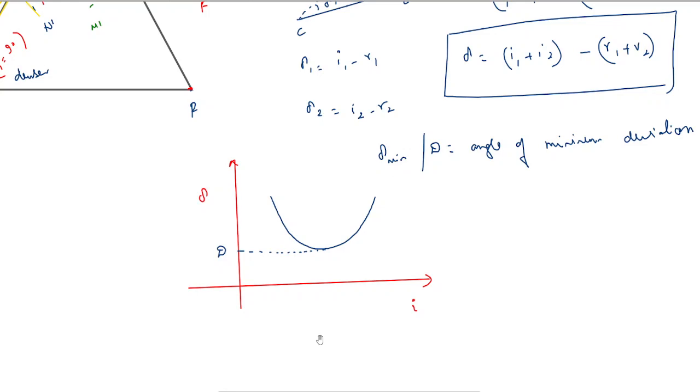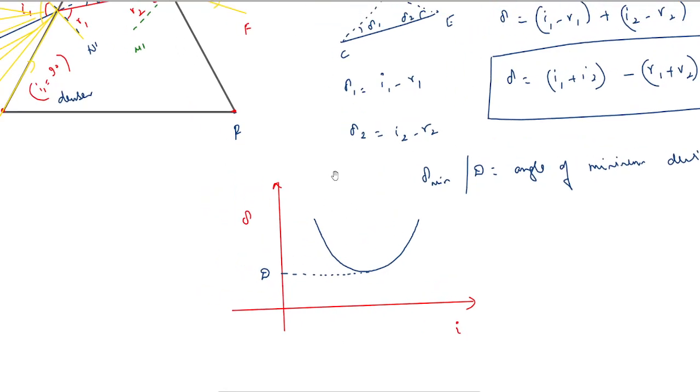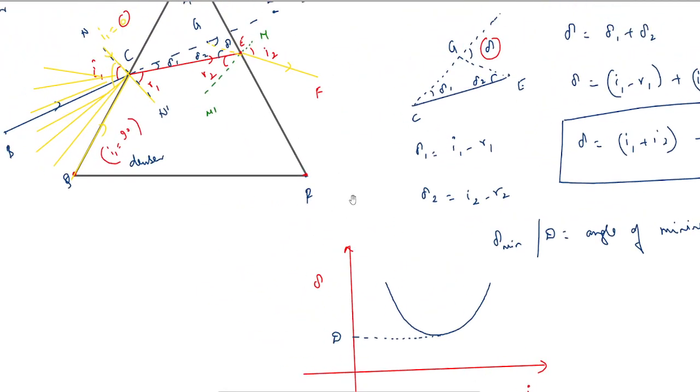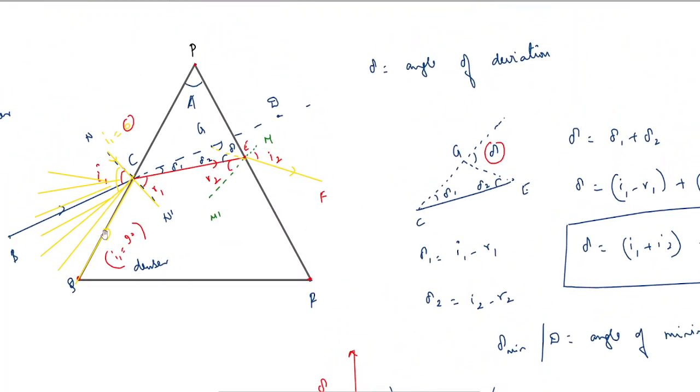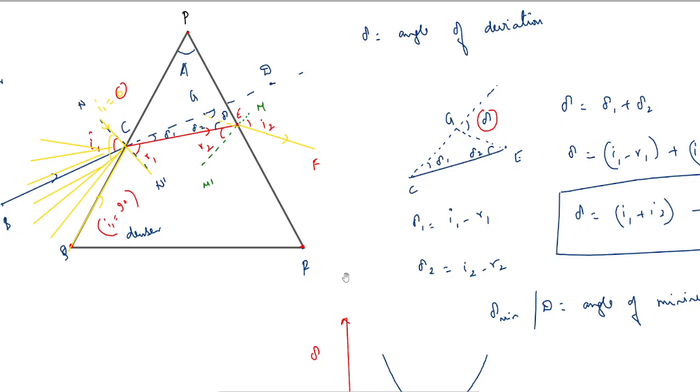Again, here it's more like a fact to be understood. We can prove it by using geometry also. That is, if required, we can draw the light rays and then find out what delta is in each case. But it's a time consuming process. Rather, there is an experiment based on this in the class 12 experiments.